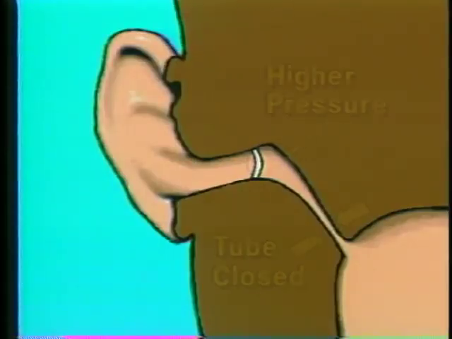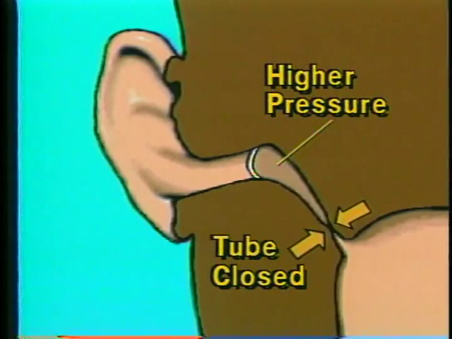If the eustachian tube is closed, the pressure in your middle ear will continue to build. You will experience pain and possibly a slight hearing loss as the eardrum bulges out toward the ear canal. Yawning is usually a good way to get relief. If this doesn't work, you might have to descend to a lower altitude.